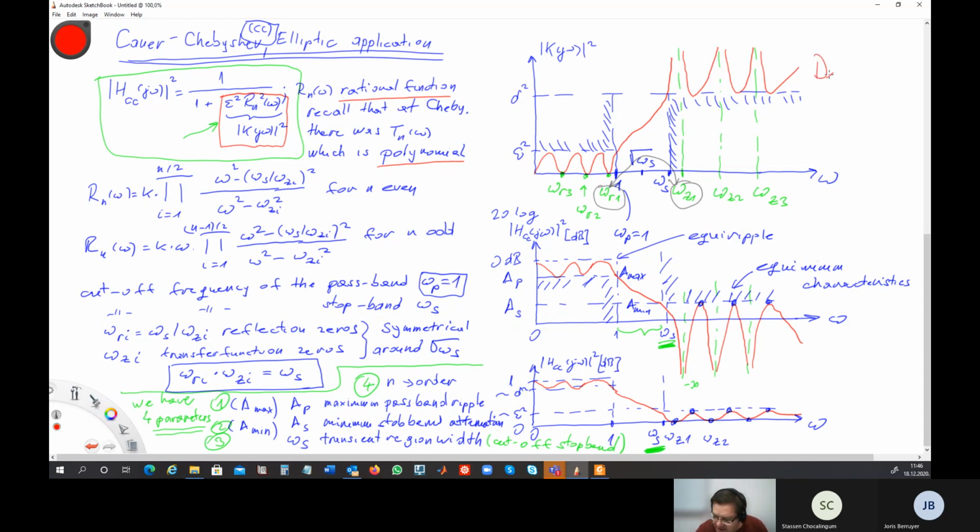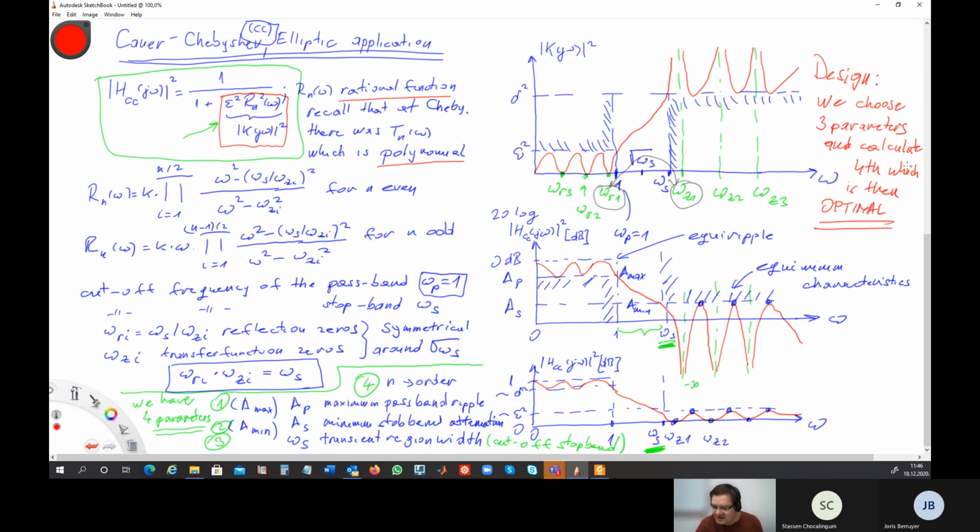Design: we choose 3 parameters and calculate the 4th, which is then optimal.